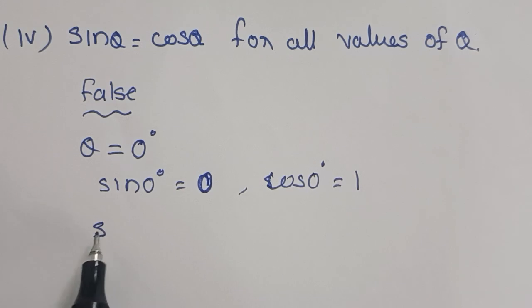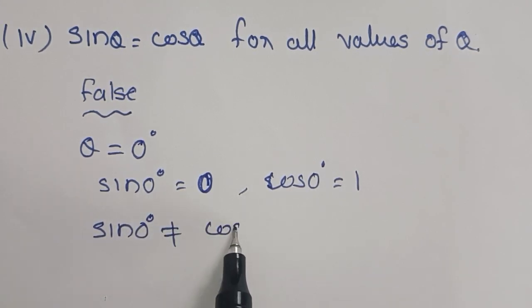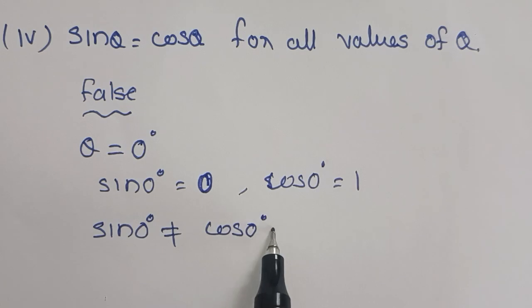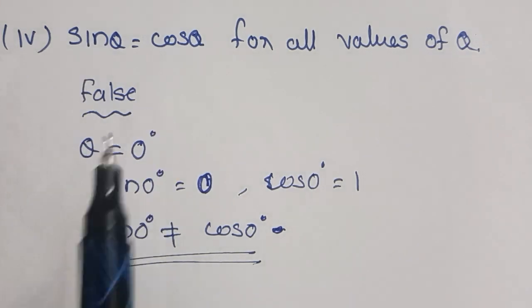Therefore, we get sin 0 is not equal to cos 0, isn't it? Therefore, the given answer is false. It is not true that sin theta = cos theta for all values of theta.